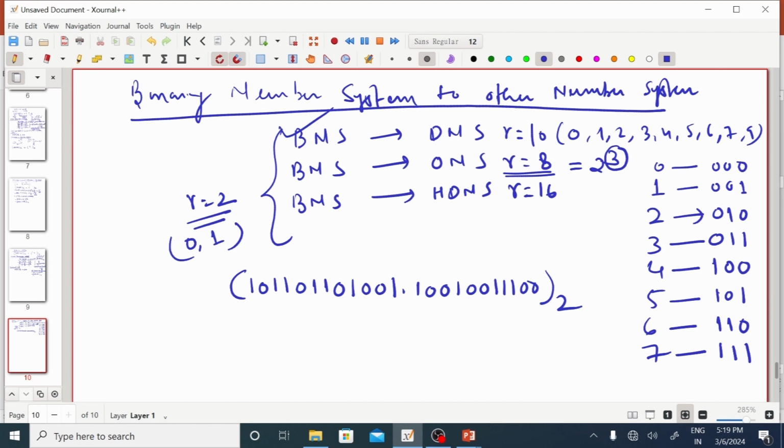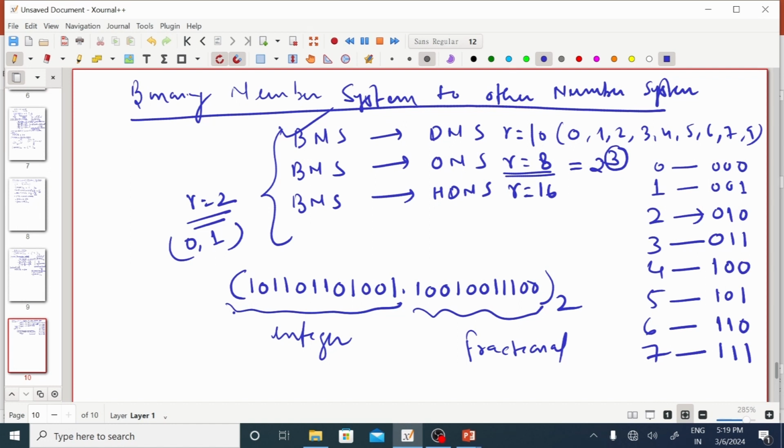So we use a direct method. Here the base of the octal number system is 2 to the power 3. This is the integer part, and this is the fractional part. Again, there is a distinction between the integer portion and the fractional part of the number.